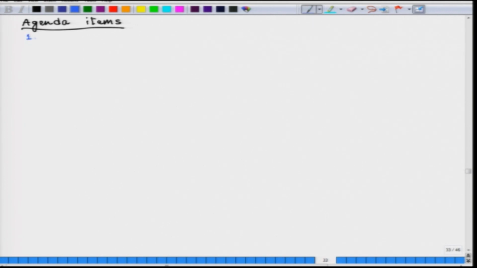So we are going to discuss a new concept of production function. We are going to look at various types of production function.